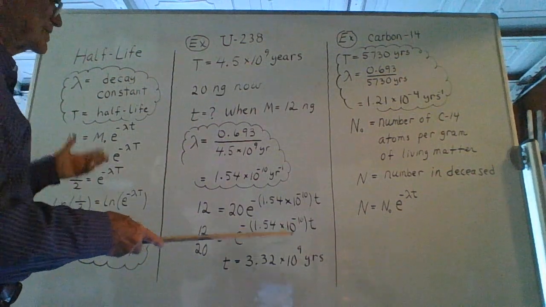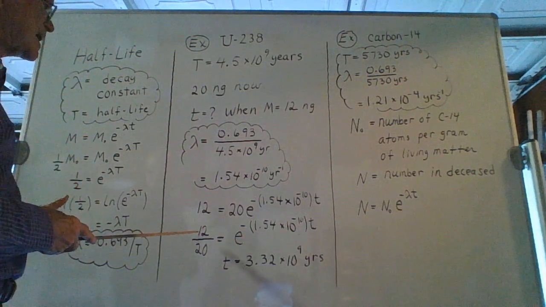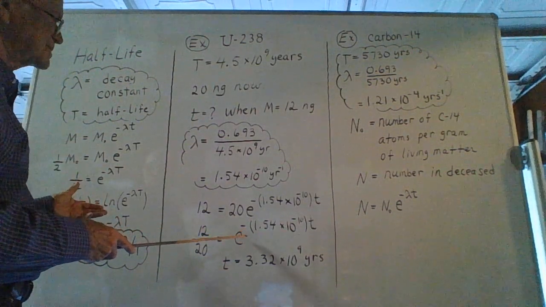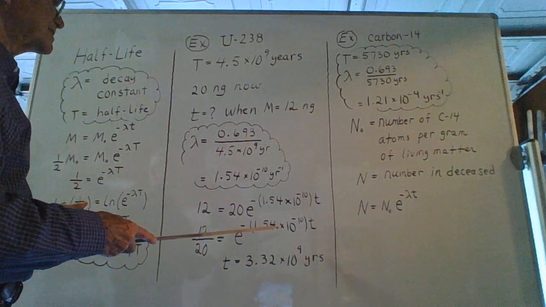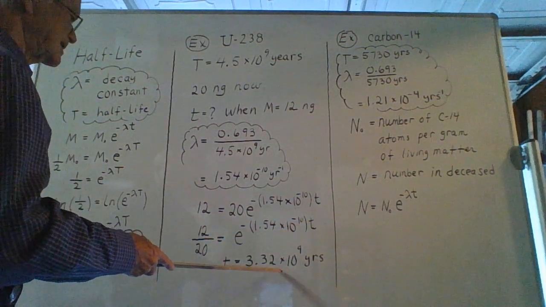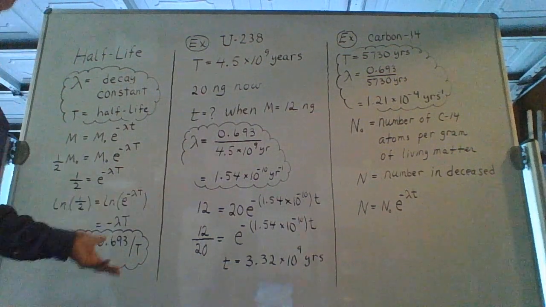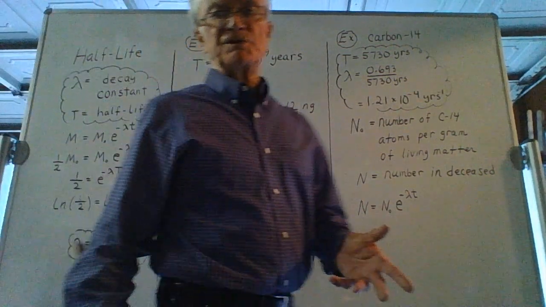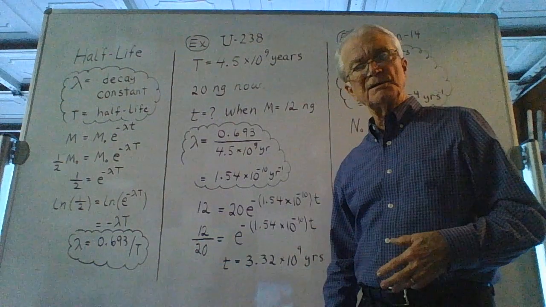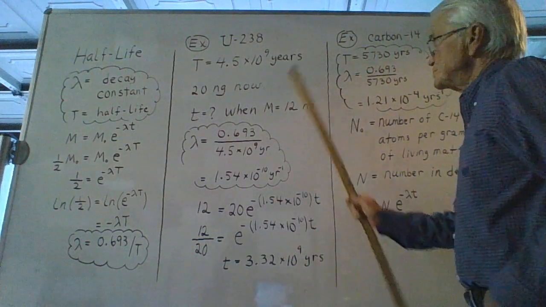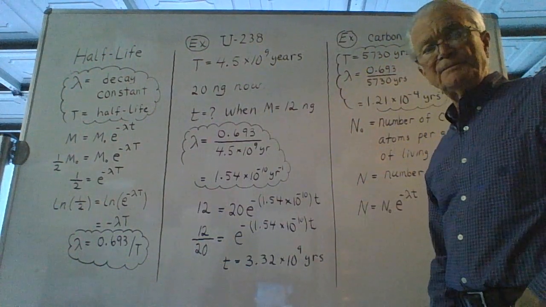Then the final step would be to take the natural log of both sides. The exponential disappears. Simple equation you get to solve for t. This is what I get. Alternatively, you could use the solver feature of your calculator to find the unknown time t. Well, let's put that example away.